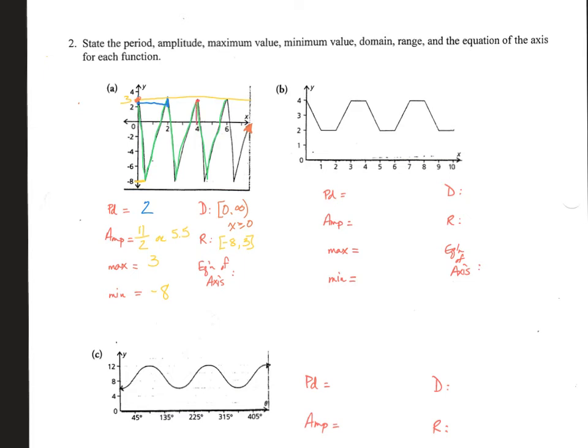So if I travel half the height down from the top, or half the height up from the bottom, then I know I'm going to arrive in the middle. So if I go down 5.5 from the top, or up 5.5 from the bottom, then I will have my horizontal line directly down the middle of that graph.